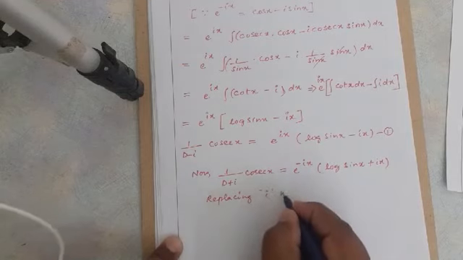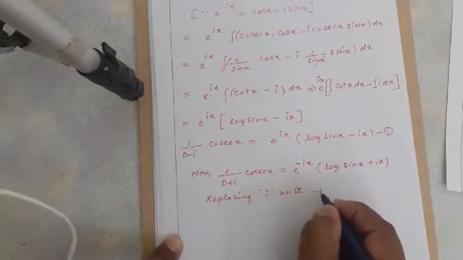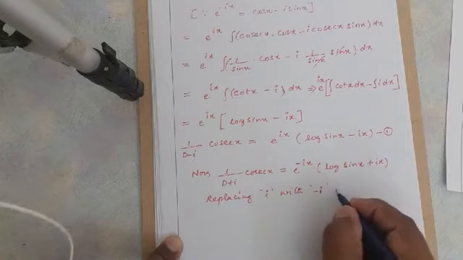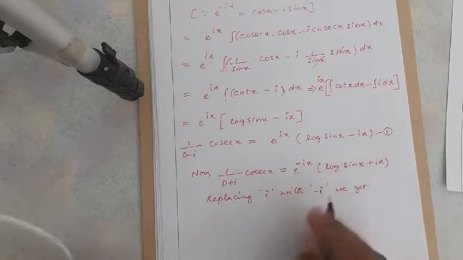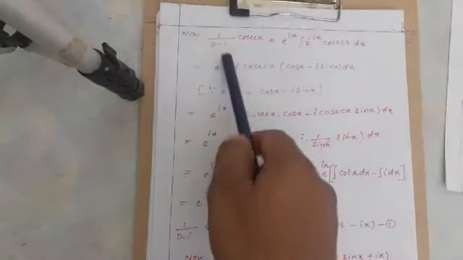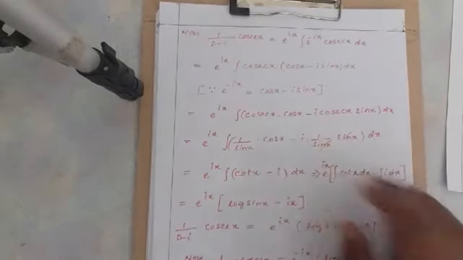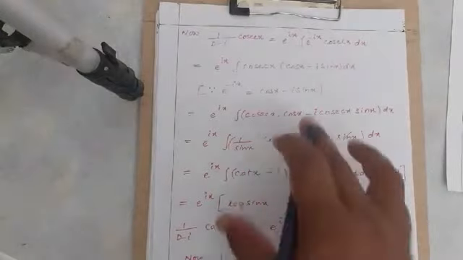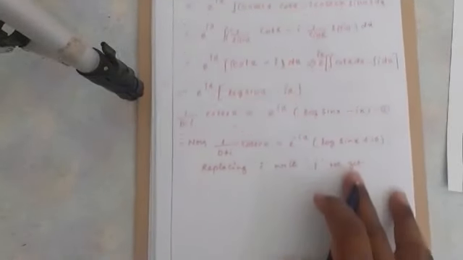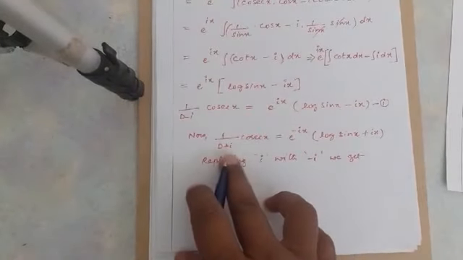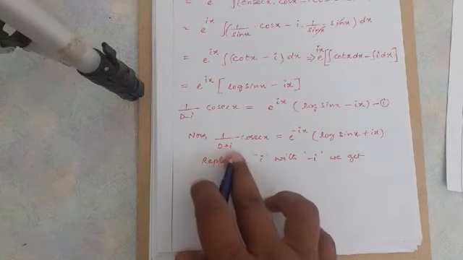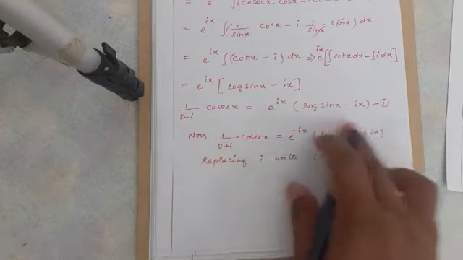Your work is to do this at home, as we just did 1 upon D minus I cosec x. We have written the procedure; in the same way you have to do 1 upon D plus I cosec x at home. You get this answer.